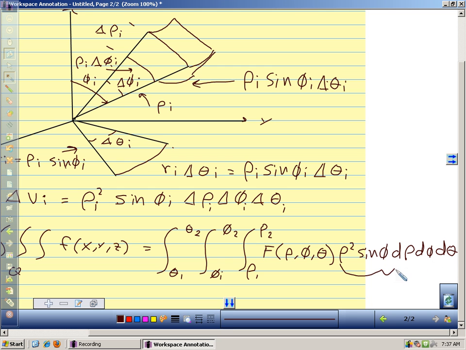And this entire quantity is dV in spherical coordinates.